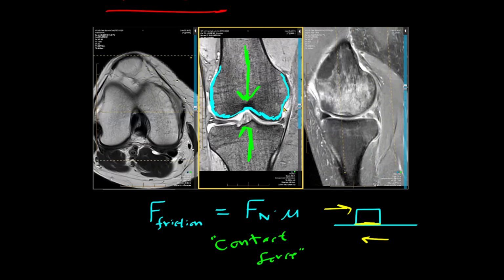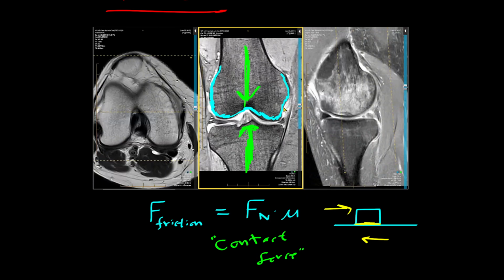So the tibia here pushing up into the femur. The reason the tibia can't just smash through it is because the femur pushes back just the same amount. So this force pushing on this way induces a reaction force like this. That force is the normal force. Now you can think about it as being this or being this. It doesn't actually matter because they're always going to be equal and opposite.